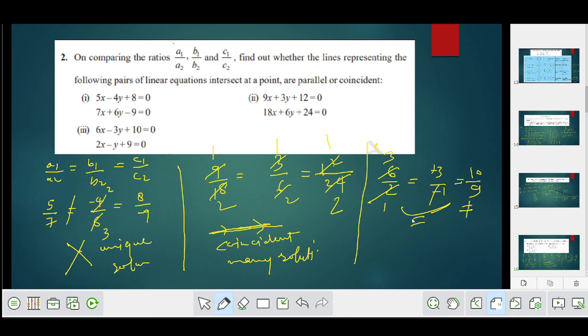If there is a situation like this, that means the constant term is different. If the constant term is different and the others are in equal ratio, then we can say that these lines are parallel lines and have no solutions.